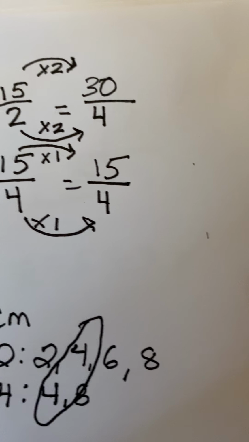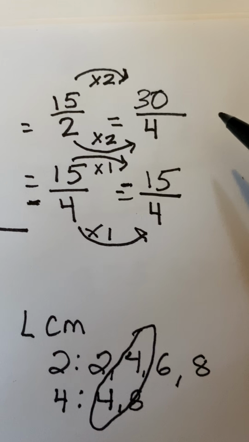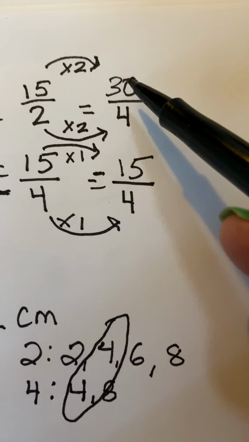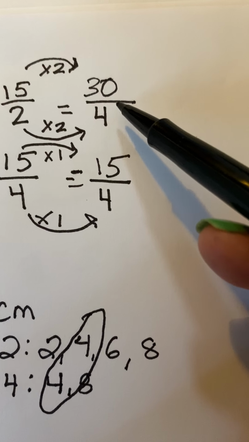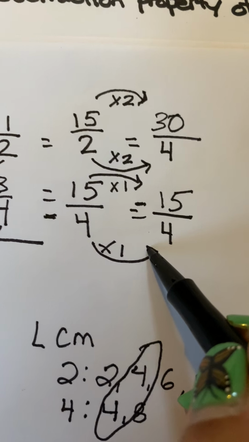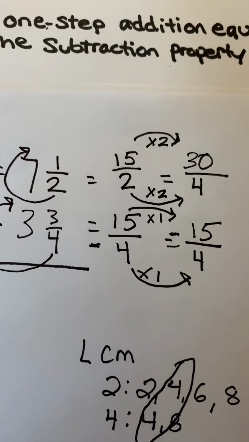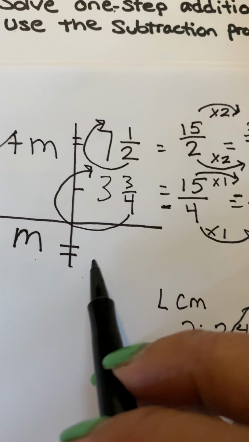Right. So now we have our common denominators, and we have to make sure that the numerator of the top improper fraction is bigger than the numerator of the bottom improper fraction, and it is. So we can go ahead and subtract. We have to do all that work just to find what m is.